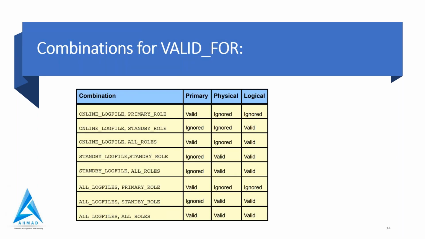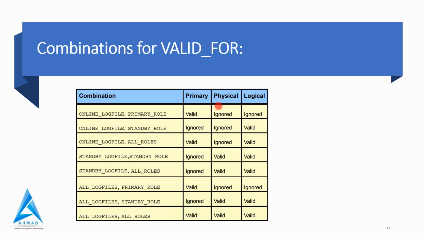Now the combinations for valid, you see valid, affirm, no affirm, async, sync, alternate. So these are the attributes. Right now I'm only putting valid for. So we have combinations. If you have primary and physical, then you will give like this, all the values here: online log file, primary role, online log file, standby role, online log file, all roles.